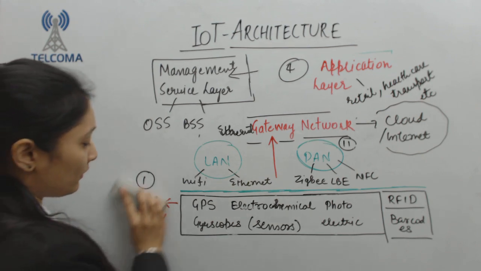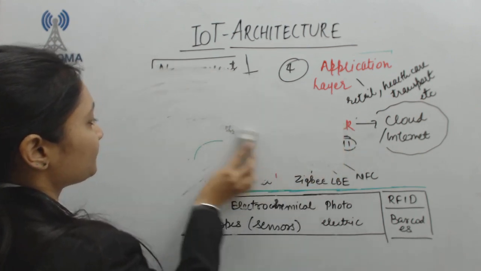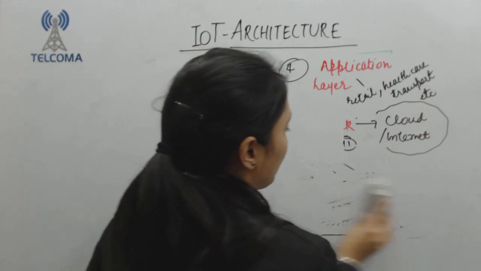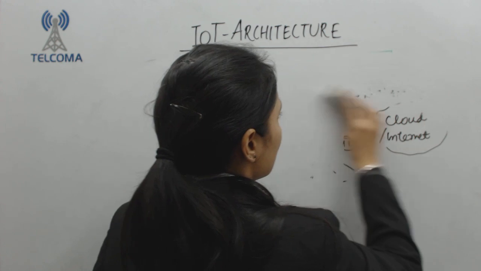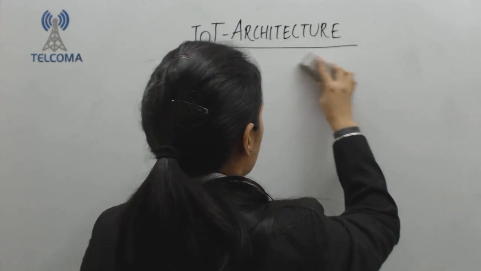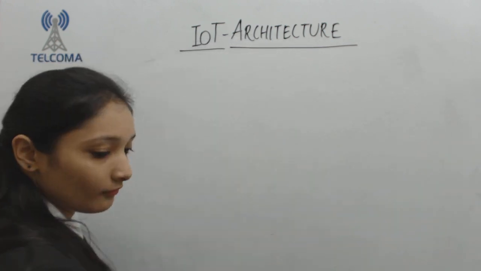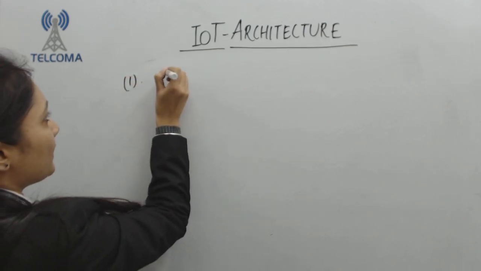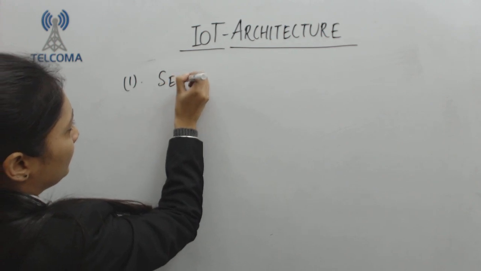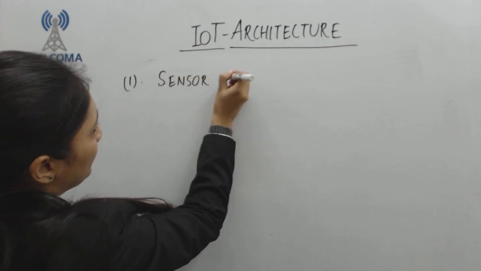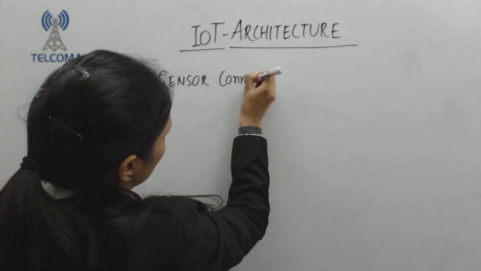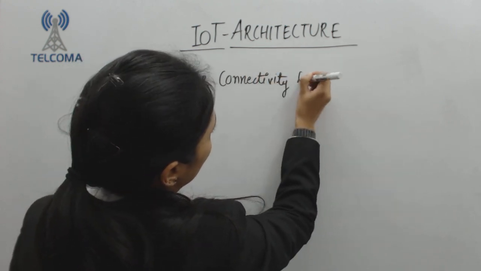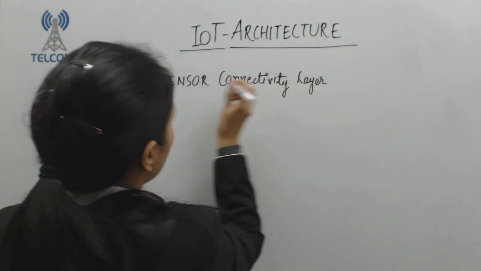So first of all, we will begin with the very basic and first layer of your IoT architecture, that is your sensor layer. The first one which we have here is your sensor connectivity layer.